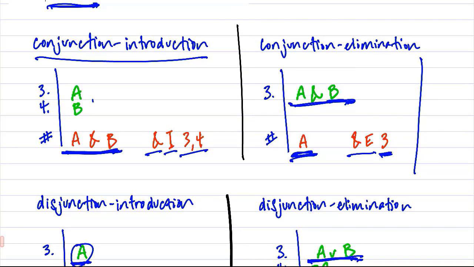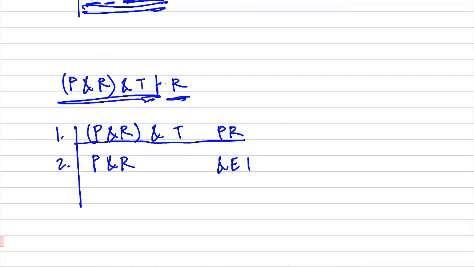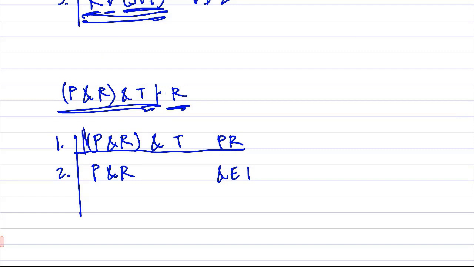If we have A and B, then we can on a new line put either the A or the B. So down here, this is the A, this is the B, and so on a new line we're putting this whole thing, P and R.